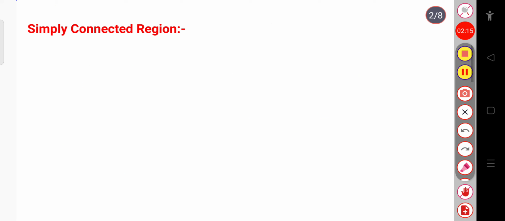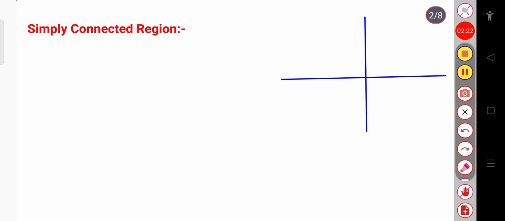First of all, let us see what a simply connected region is. Suppose first of all I am drawing a circle.